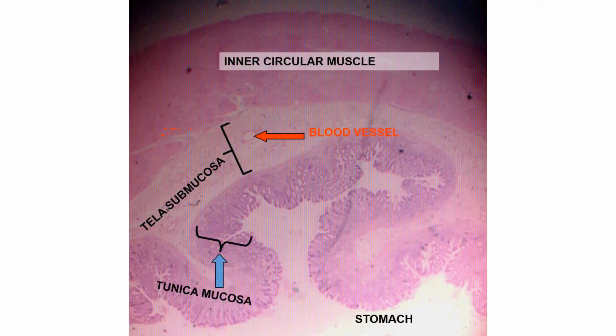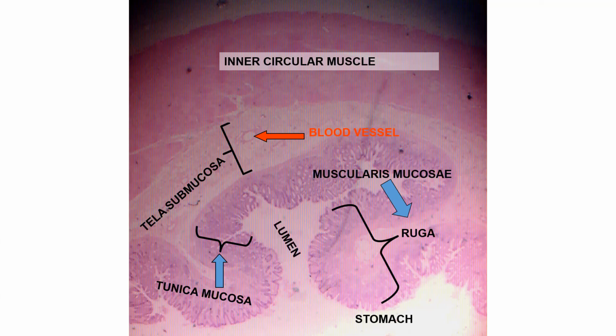Here we have the mucus layer. And these, as I said, these ridges are all the rugae that we encounter. Okay, that's a rugae right there. And again, the rugae is to increase the surface area so that we can churn and mix the ingredients in the stomach with the various chemicals that we're going to release. And there's the lumen of the stomach.